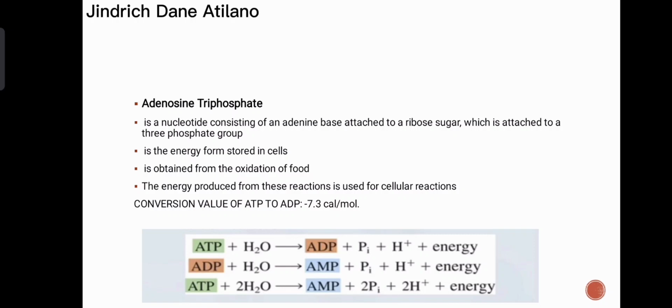If ATP converts directly to AMP, here's the formula: ATP plus 2H2O, from what I have studied, gives AMP plus 2 inorganic phosphates.